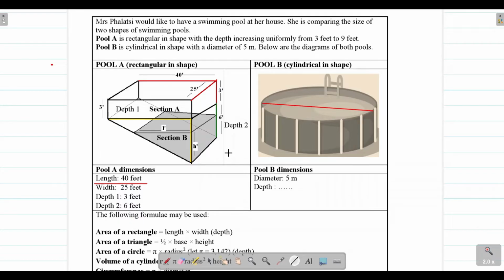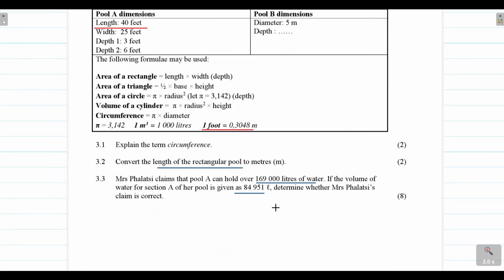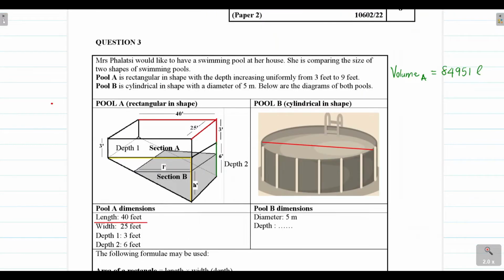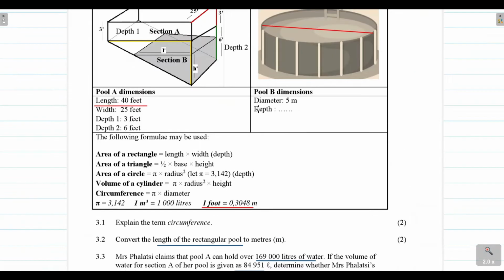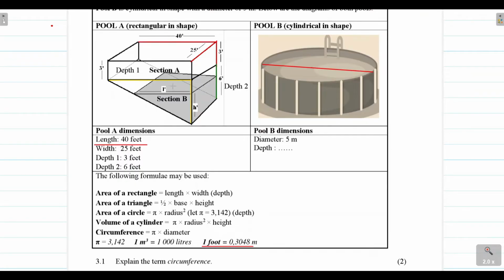169,000 liters of water. Then we are told that the volume for section A is equal to 84,951 liters. So if the volume for section A is 84,951 liters, what would the volume for section B be?